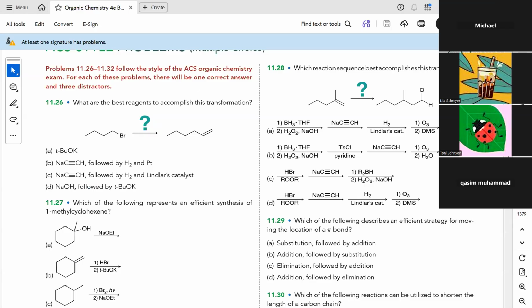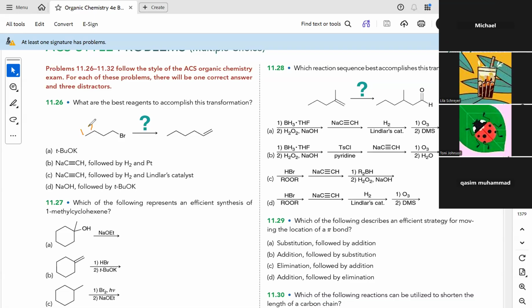So 1126, we're asked here to find the best reagents to accomplish this transformation. This is almost like what we just saw previously, where we have this alkyl halide and an elimination product, but we should always confirm whether we had a change in the carbon skeleton, and whether we had a change in our functional group location or identity.